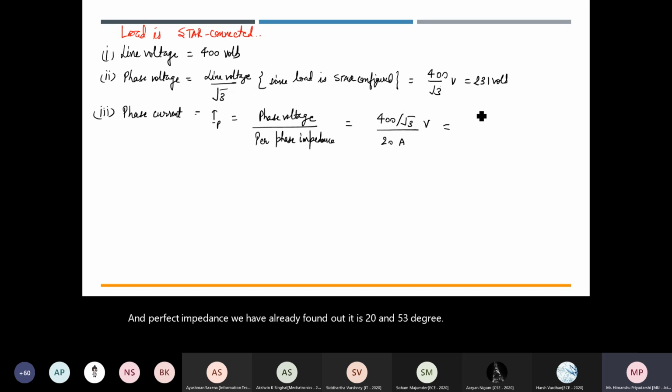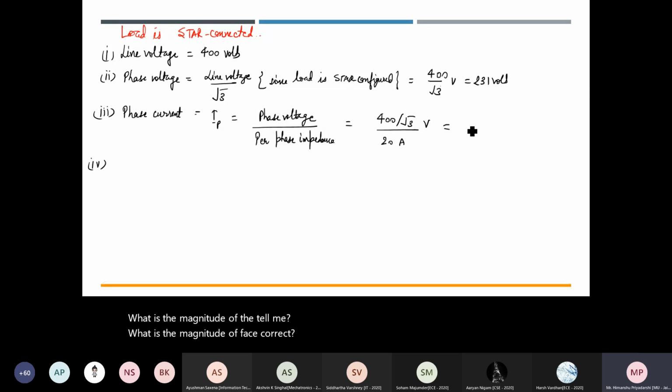What is the magnitude of phase current? 11.54. Yeah. 11.55 I guess, or 11.5, approximately. And line current will be equal to phase current.